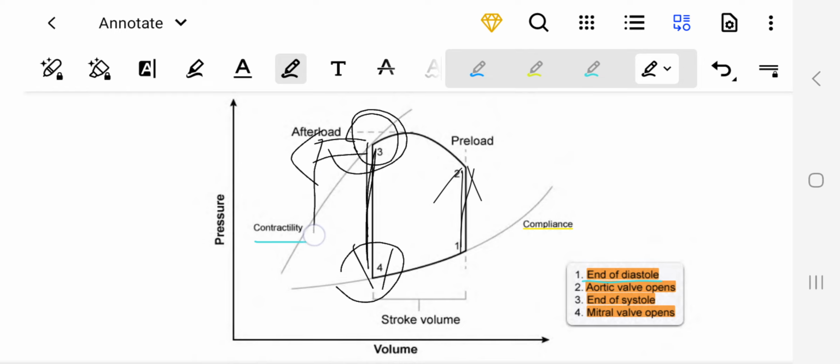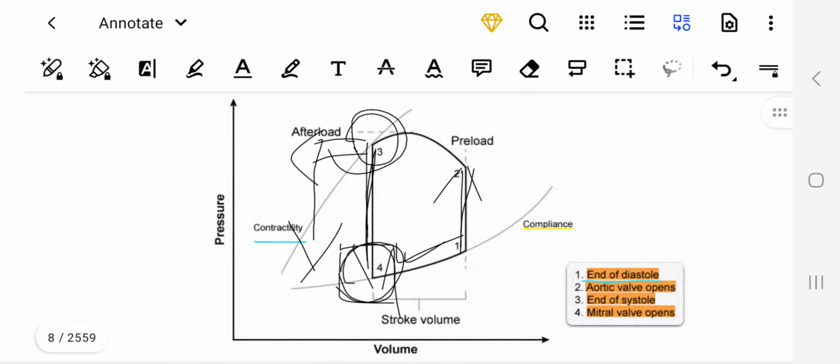But whenever the pressure goes down and gets very low, the pressure in the atrium will become higher than in the ventricle. So the mitral valve will open, and the fluid will go from the left atrium to the left ventricle.